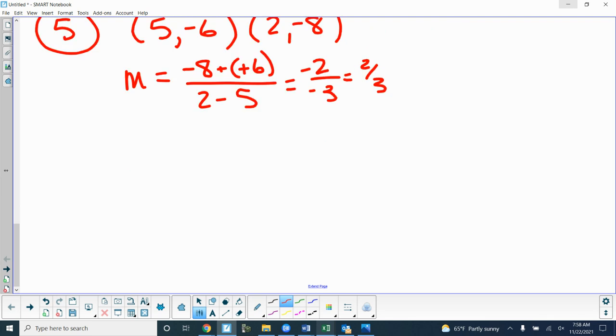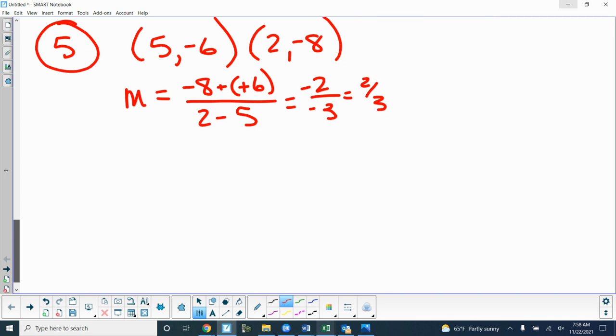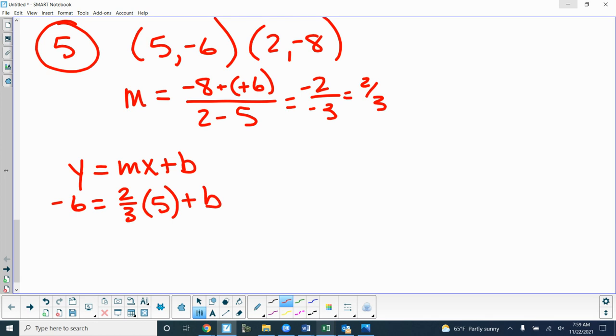So I'm going to do the y equals mx plus b way. And I'm going to use the first point. So I'm going to use -6 for y, 2/3 for m, and 5 for x. Okay, but you could use -8 for y and 2 for x if you want.